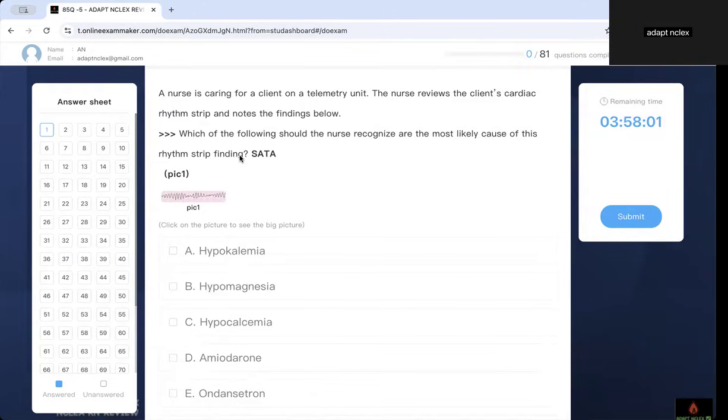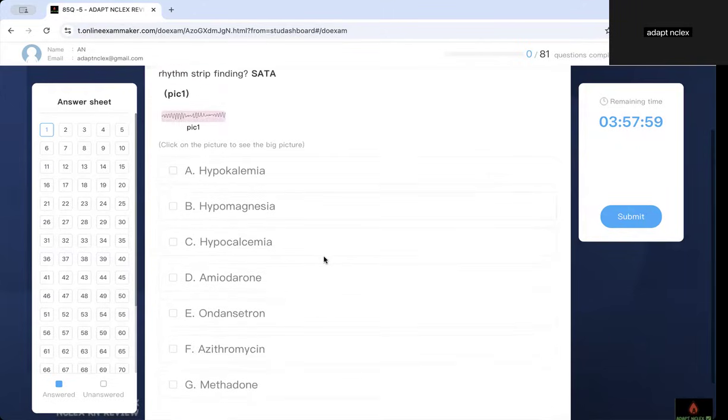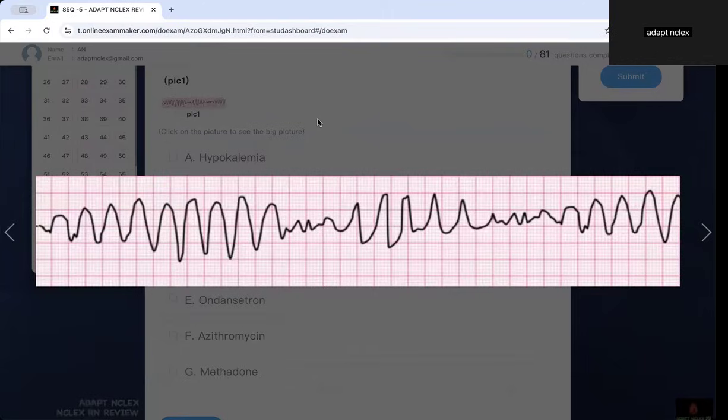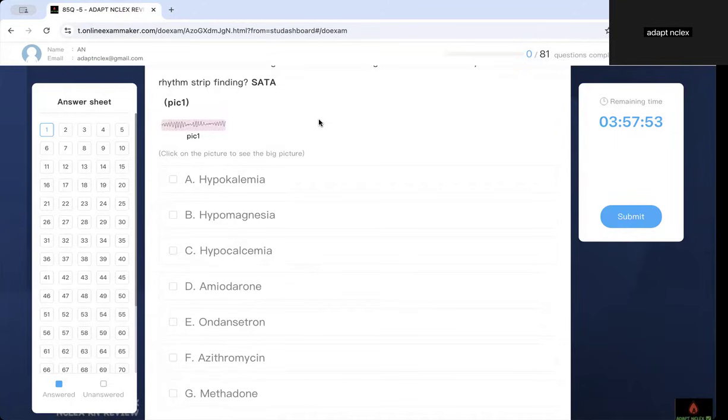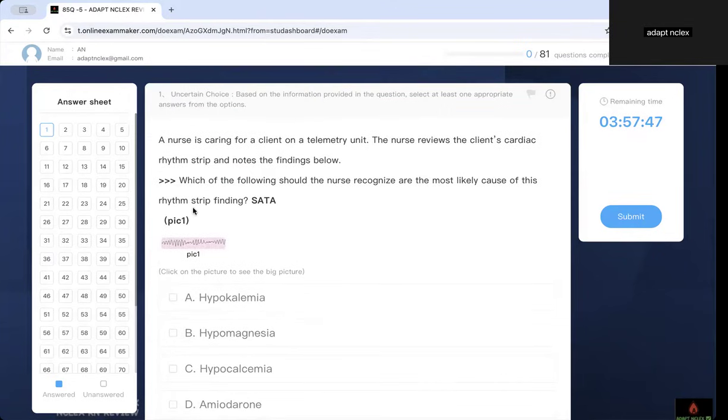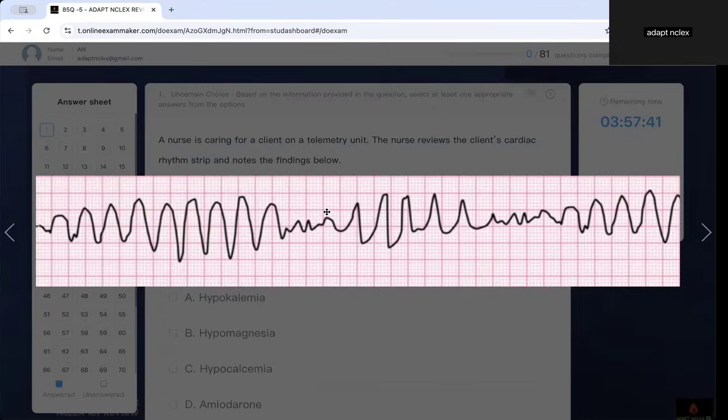Did you pick an answer? Which of those is responsible for this EKG strip? I can tell you the right answer is all of them. Why? The question asks what is responsible for this, and when you look at the EKG strip, you see Torsades de Pointes.